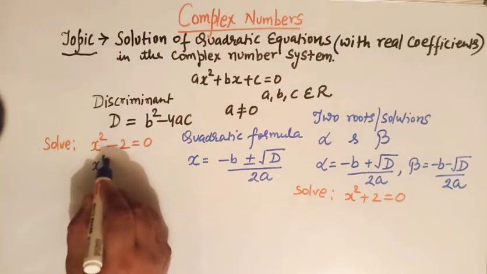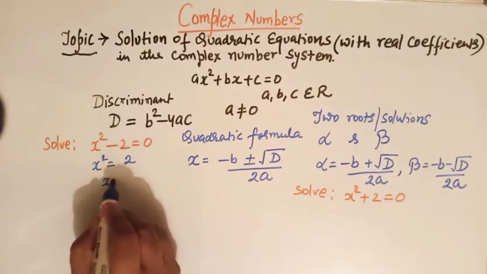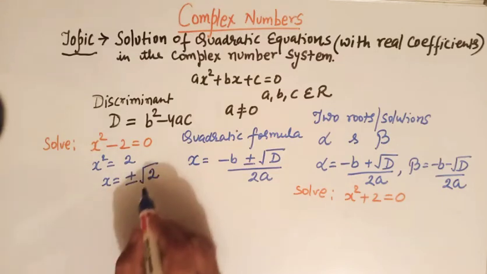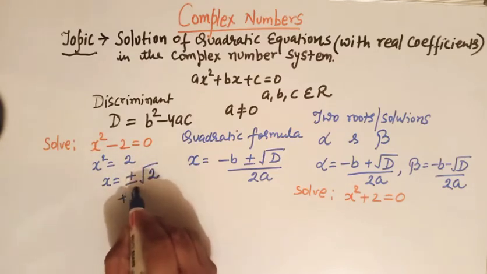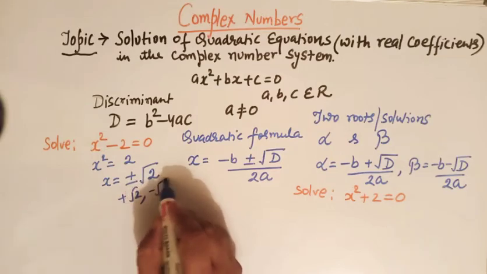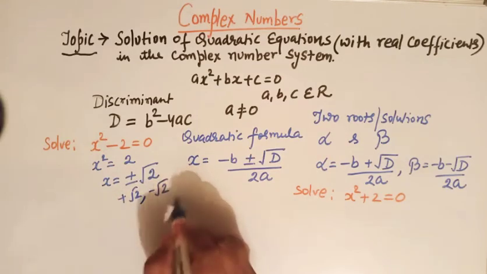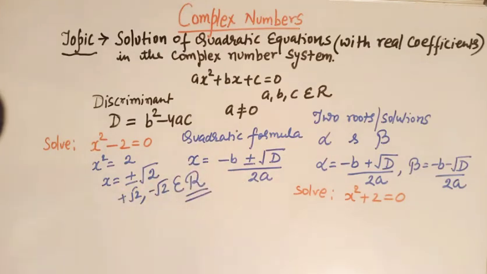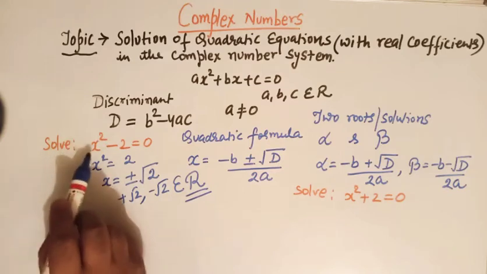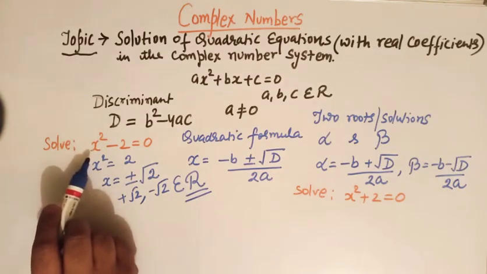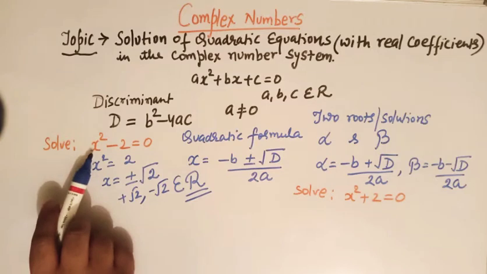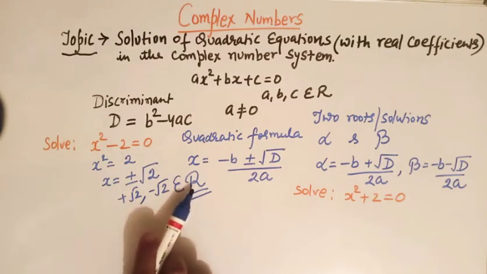So here we have x square is equal to 2, so we have simply plus minus square root of 2, and we see that plus square root 2 and minus square root 2, both these numbers belong to the set of real numbers. So we can say that this quadratic equation is solvable in the set of real numbers. It means the roots of this equation belong to the set of real numbers.